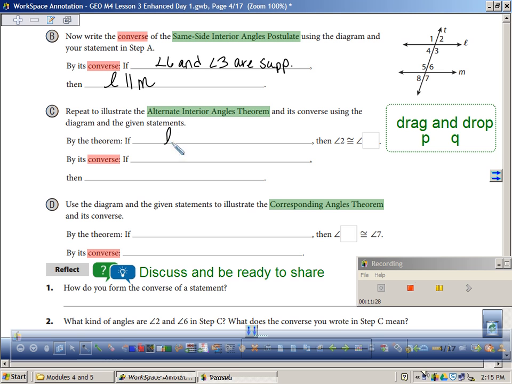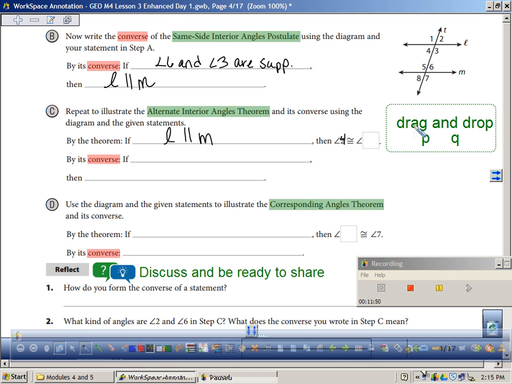All right, let's do it for the alternate interior angles theorem. By the theorem, if L is parallel with M, then what? Does it say angle 2 in your book? Then angle 2 is congruent with what? It said 4. Angle 4. Okay, so then angle 4 is congruent with what? By alternate interior, I hear 2 and I hear 6.